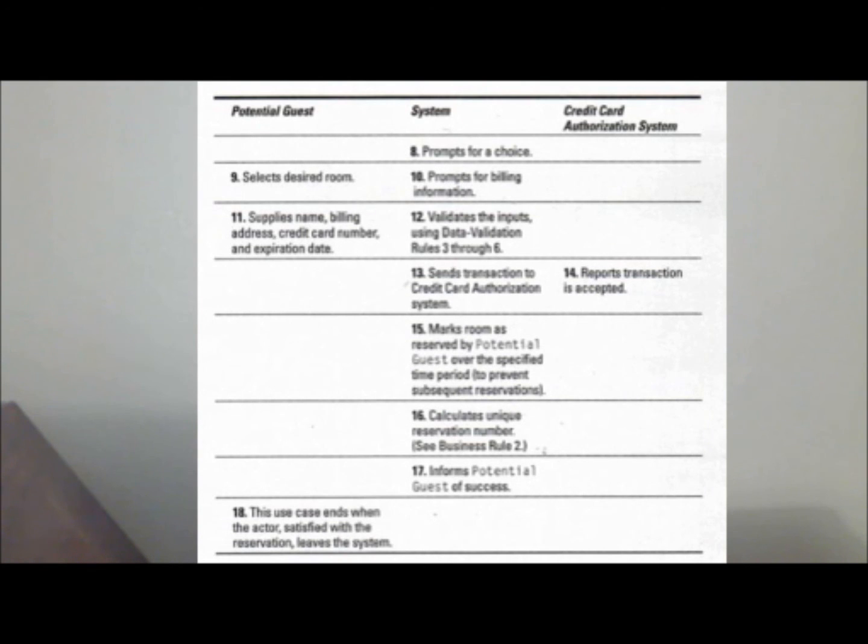We need to update our database to reserve the room, calculate a unique reservation number on 16, and then 17 is, hey, we need to tell the guest, and then 18 is, this use case ends when we've got a satisfactory reservation and we leave the system. Now, you've used hotel reservation systems. Usually there's an email, we need to enter an email address, all that good stuff. But nonetheless, that's a great way to lay things out. Just as good as the other way, you use which one you prefer.